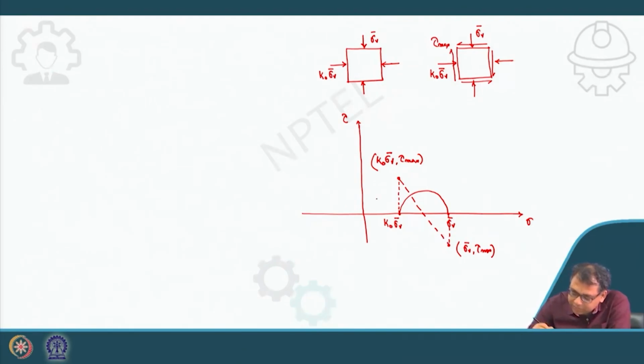Now I can easily draw the Mohr circle. I know the radius, and it will definitely pass through this point.